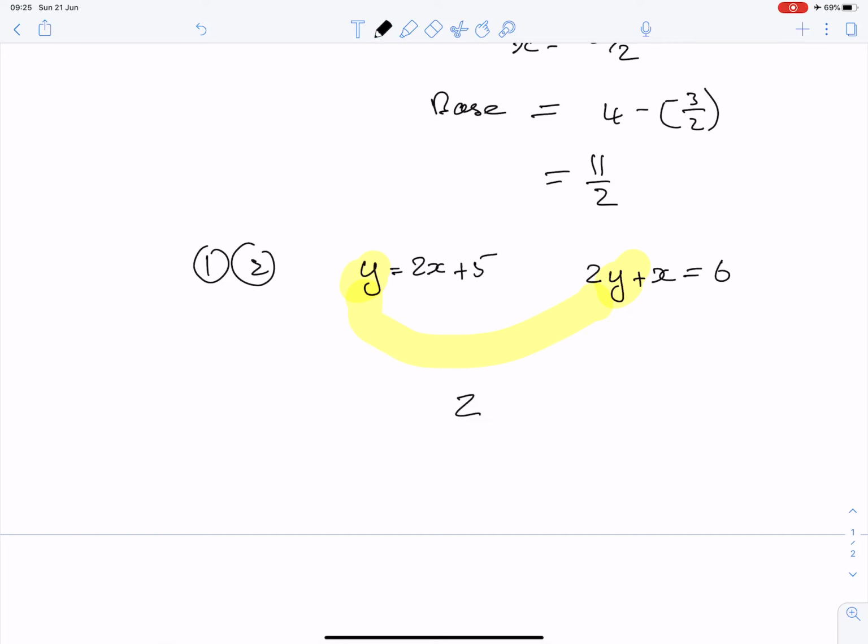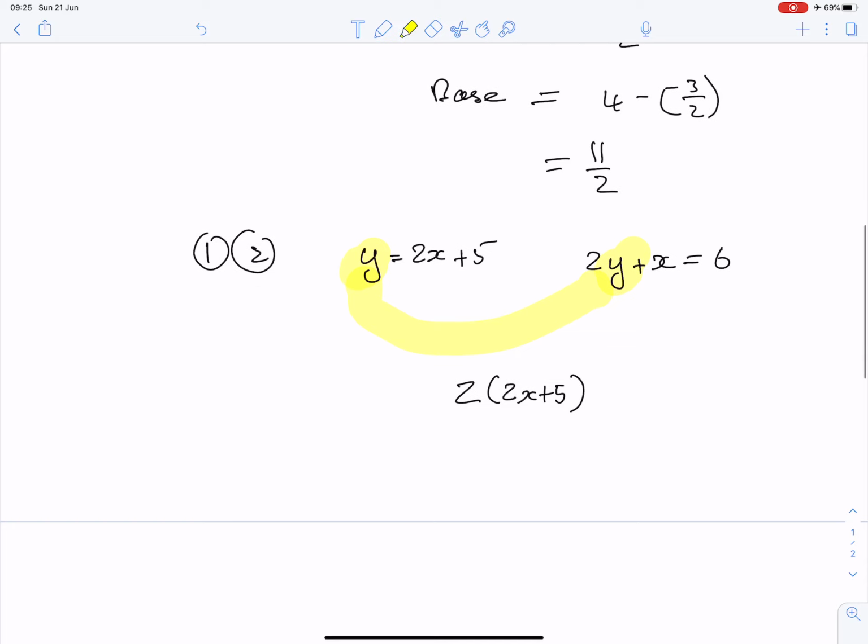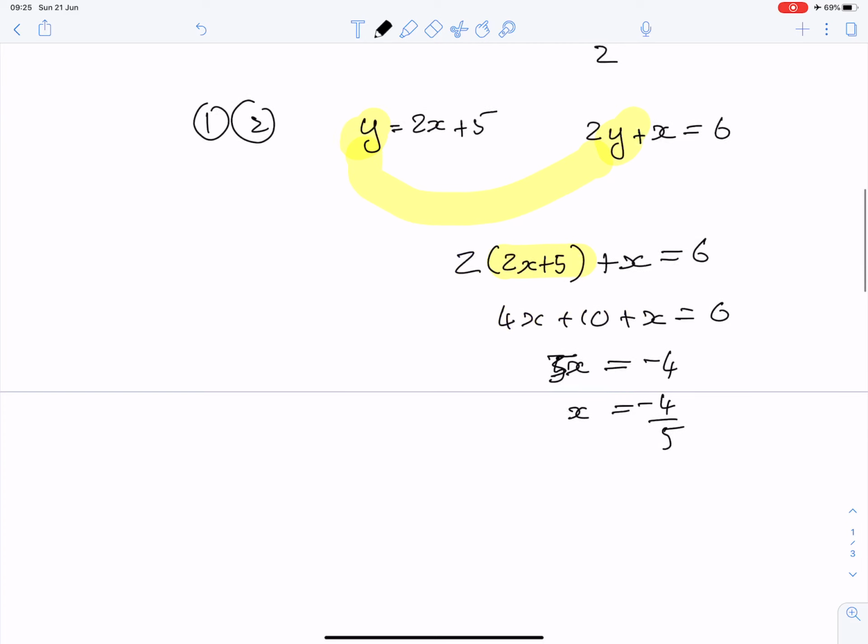So we get 2 lots of, now y is the same as 2x plus 5, plus x equals 6, so we get 4x plus 10 plus x equals 6. Tidy it up, collecting the x's, 5x, subtract the 10, so x equals minus 4 over 5.